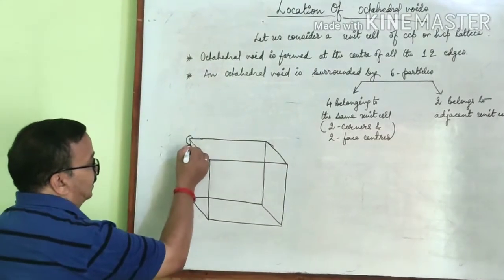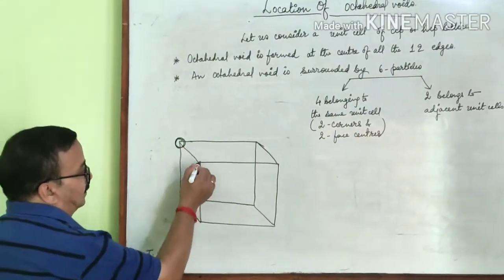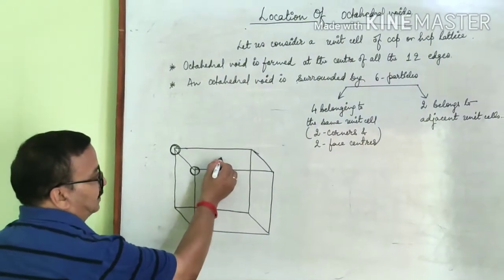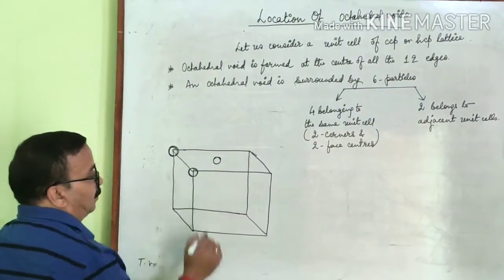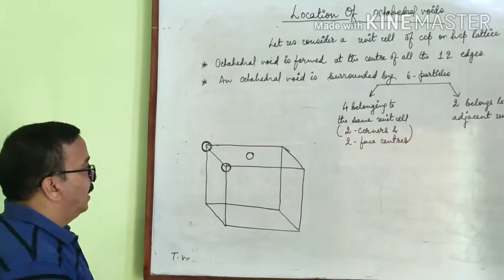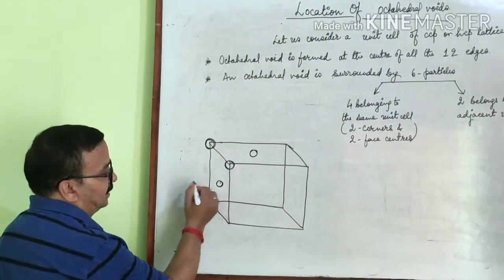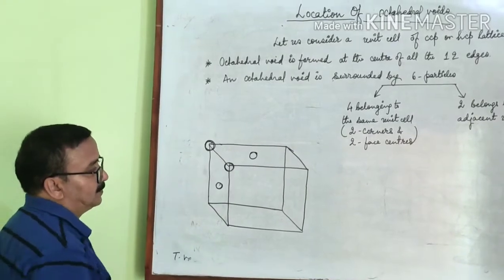So this is the first sphere, this is the second sphere, the third sphere is present at the center of the top face, and the fourth sphere is present at the center of the side face.